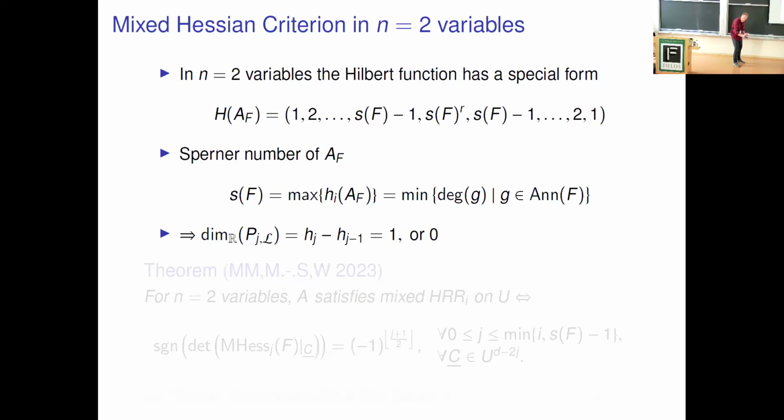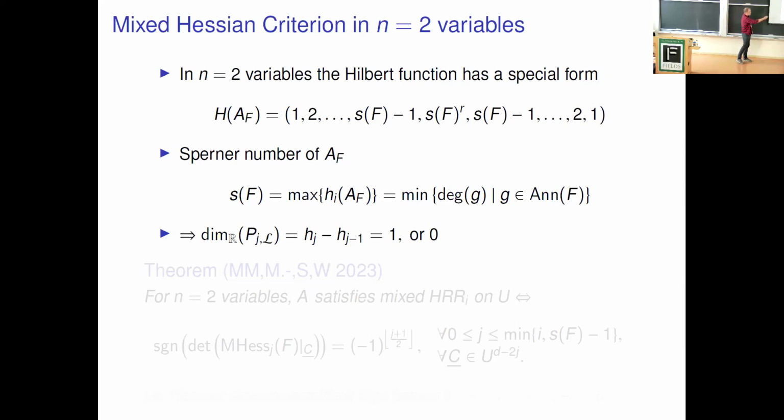It starts in degree 1 and increases by 1 in each degree up to a certain point that we call the Sperner number of A, or sometimes I'll call it the Sperner number of F. You can also think of this as the minimum generator degree of a generator of the annihilator. But the important thing here is that it increases by 1.